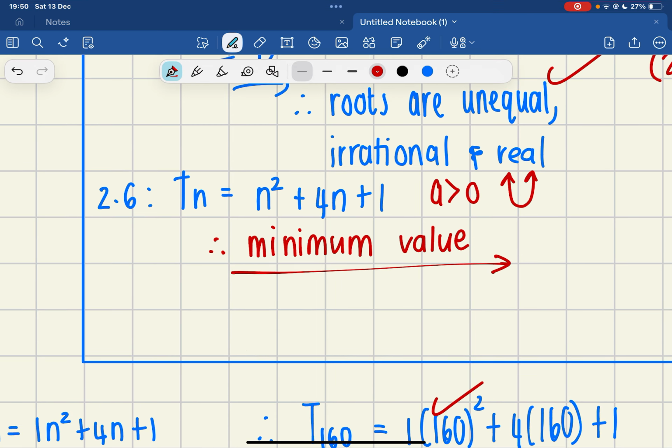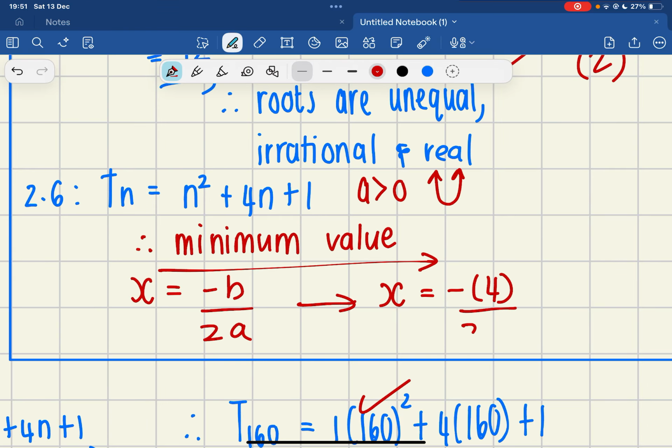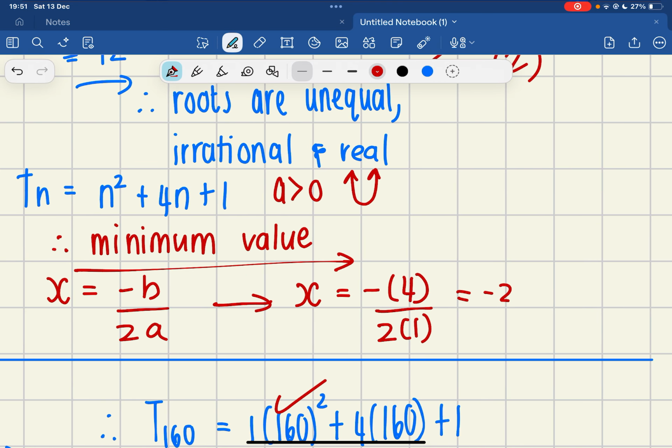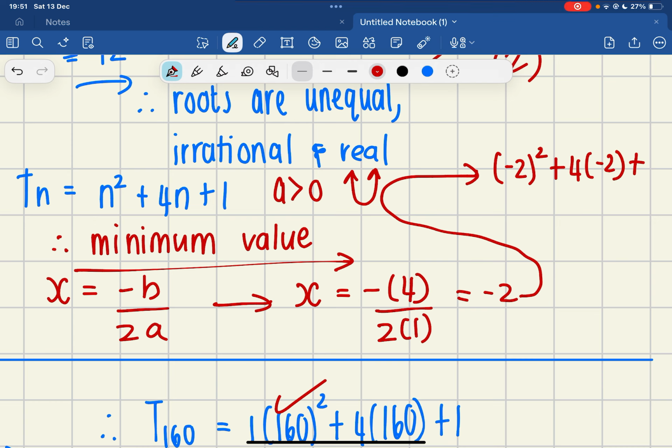And how do we get that minimum value? We follow the steps. The most important formula I taught you again. x is equal to negative b over 2a. So x is equal to negative 4 over 2 times 1. And x gives us negative 2. Then we take the same negative 2 and plug it into T of n. So we'll have negative 2 squared plus 4 times negative 2 plus 1.